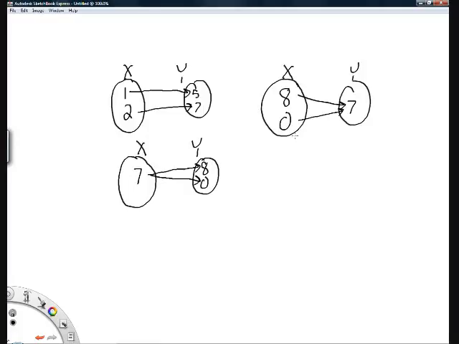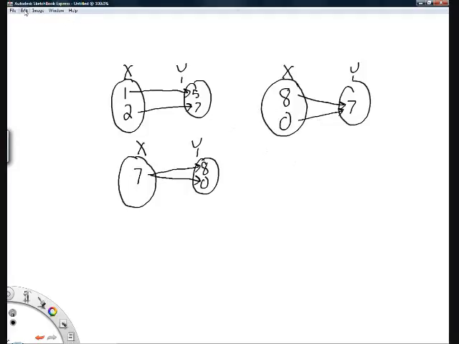Every x value has only one y value. I put in 8, I get 7. I don't get anything else. I put in 0, I also happen to get 7. The most confusing part for many students is distinguishing between this one and this one.